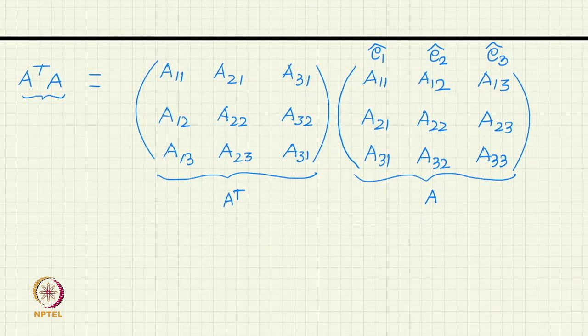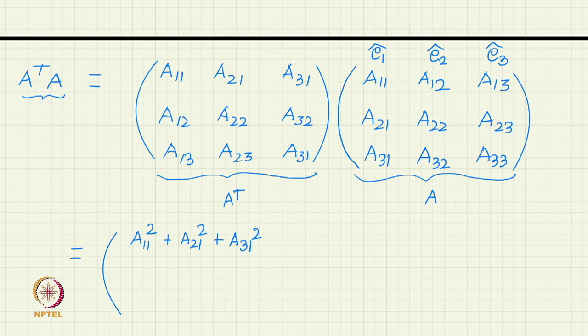Simply by using the multiplication rule for matrices, the first term of the product will be A11 square, then we add A21 square and finally A31 square. This is the first row, first column of the product.